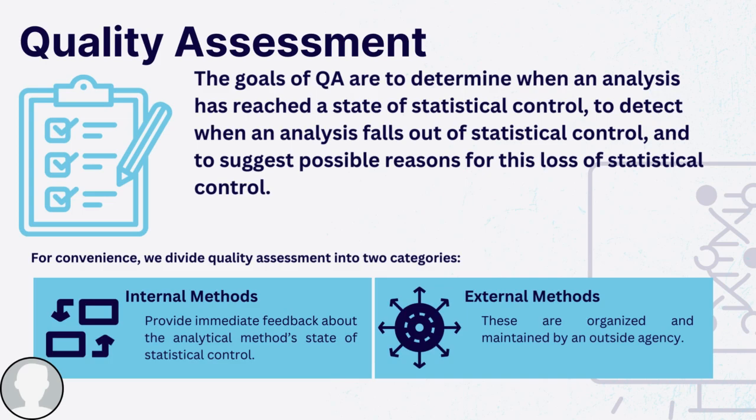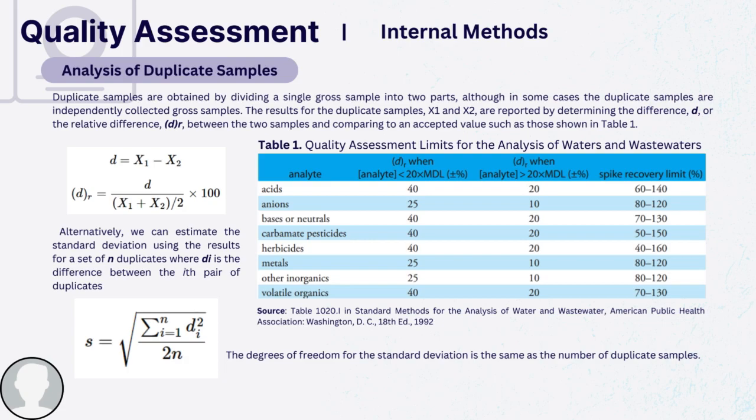Internal methods of quality assessment include the analysis of duplicate samples, the analysis of blanks, the analysis of standard samples, and spike recoveries. An effective method for determining the precision of an analysis is to analyze duplicate samples.